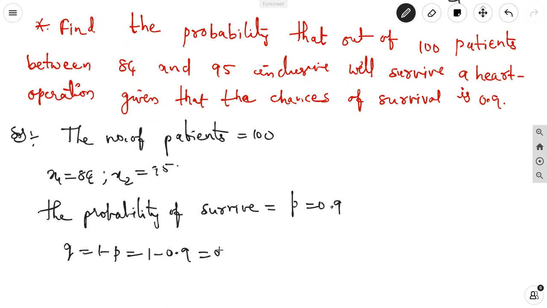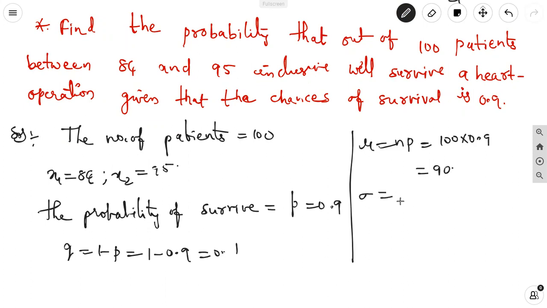It is equal to 0.1, that is q. From this, we can calculate mu equal to np, where n is 100 and p is 0.9, so mu is equal to 90.